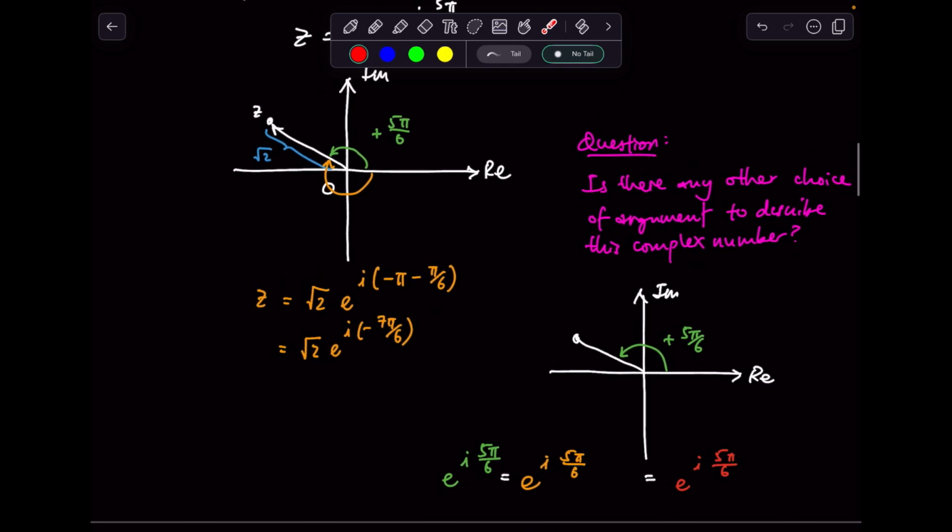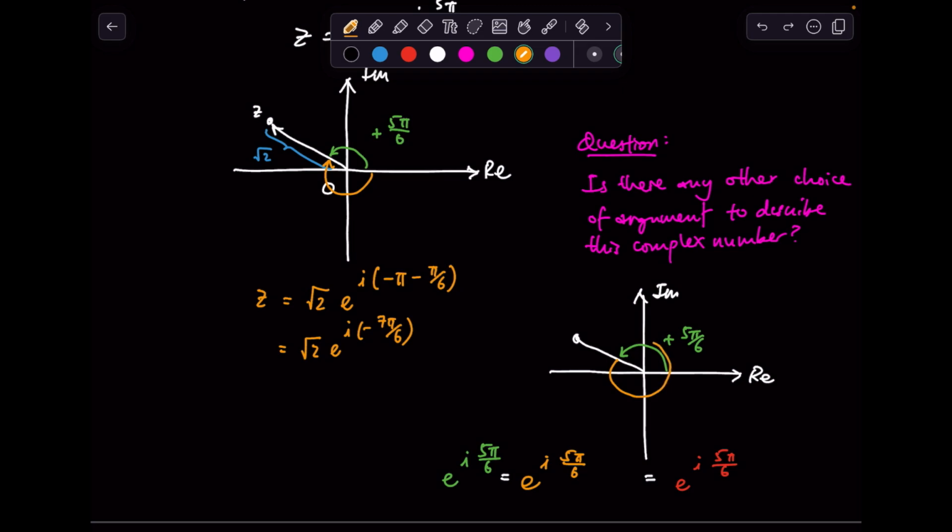So we can measure an angle, let's say plus 5 pi over 6. And what we can do is we can just continue turning. Let's say I want to turn another full round for some reason. So let's say I continue turning after I turn the green color one.